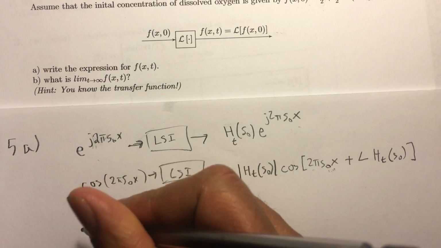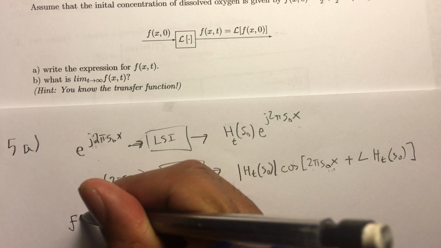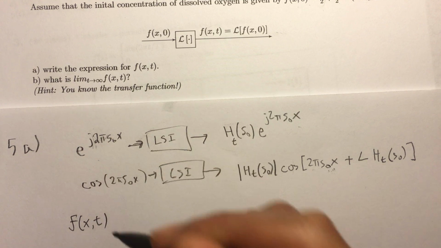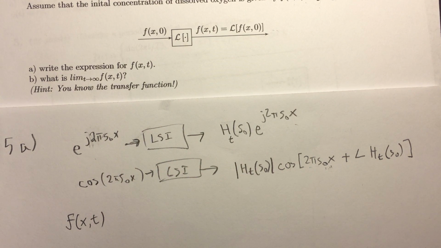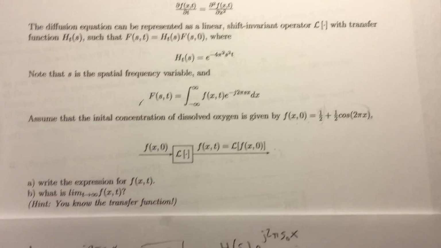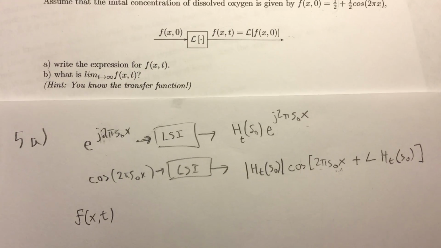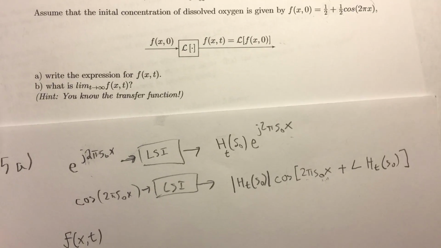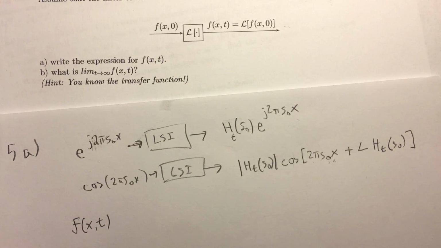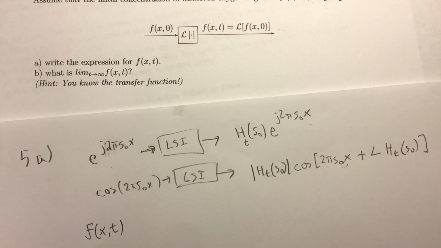So we can actually almost write the answer by inspection. We have the sum of two terms at the input, whose output we know, and so we can just sum the corresponding outputs. That's what linearity means.